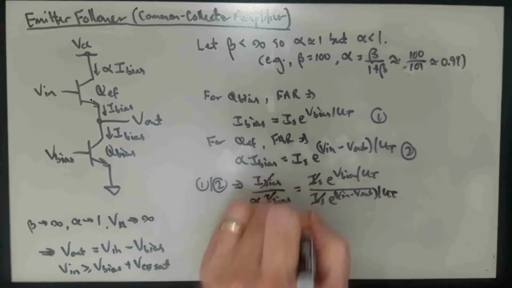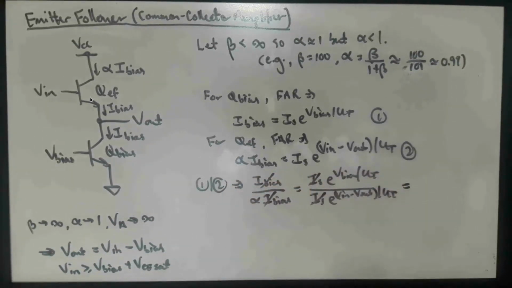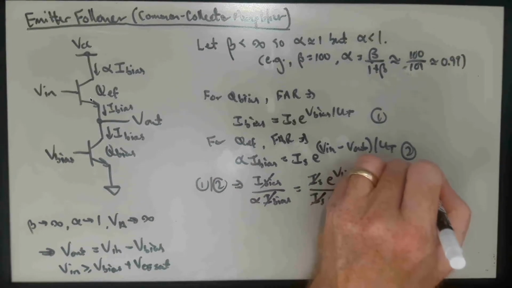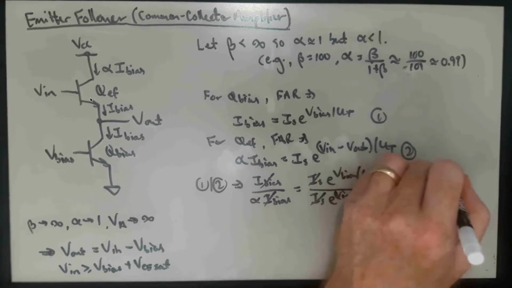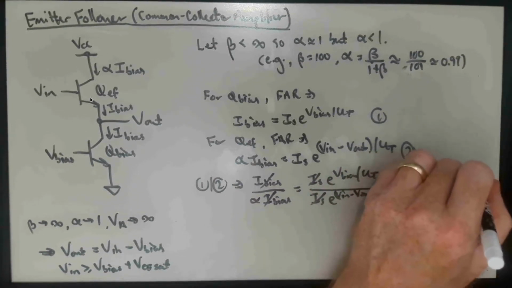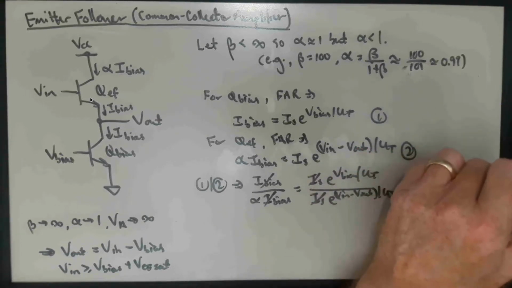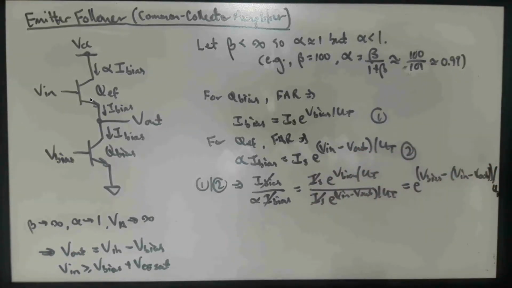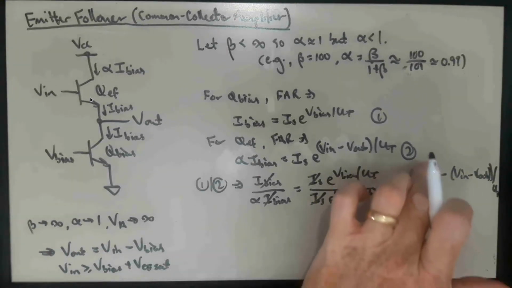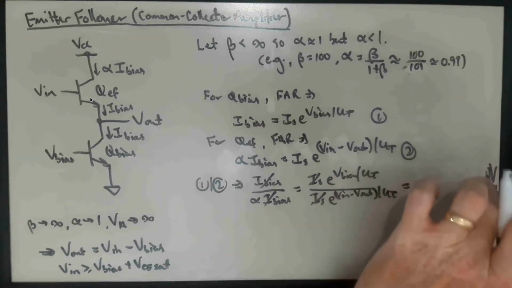So the IS's go away, and this is equal to e to the V bias minus Vin minus Vout over UT. Okay, that's pretty terrible. Let's see if I can clean that up a little bit.